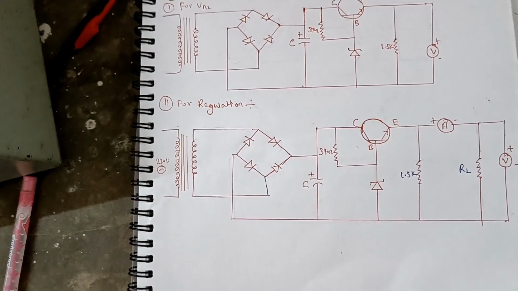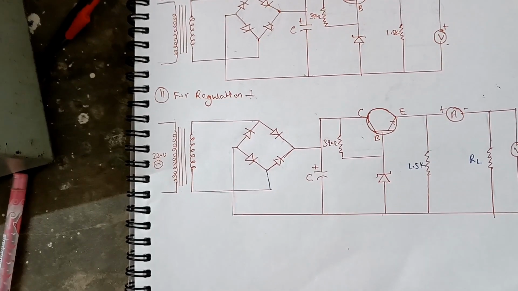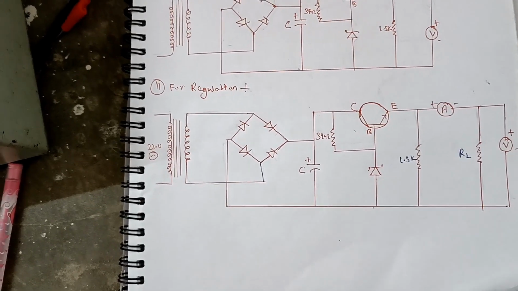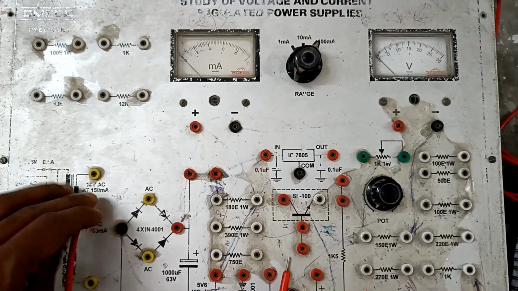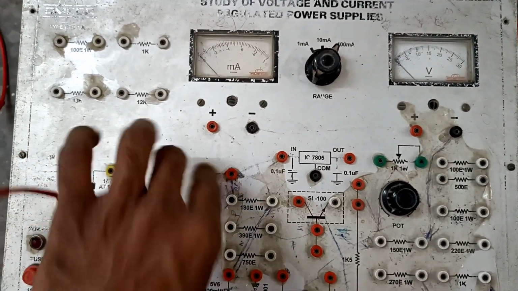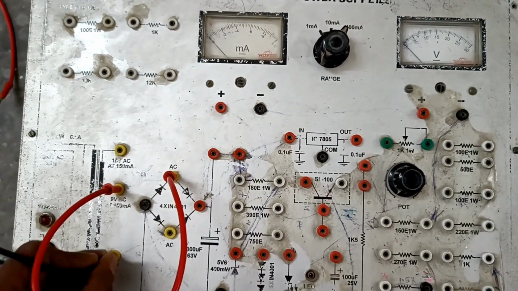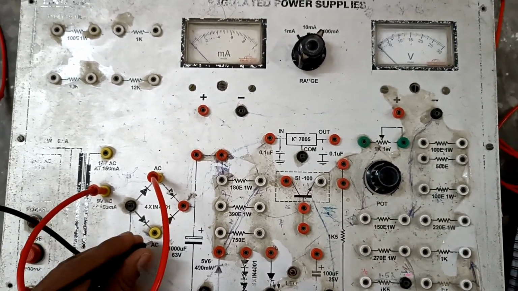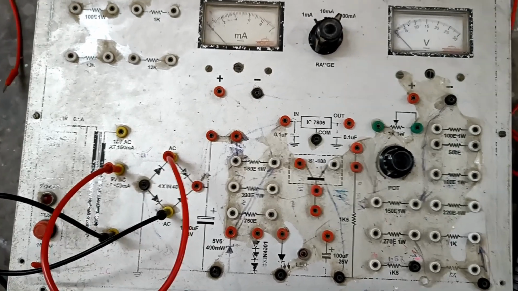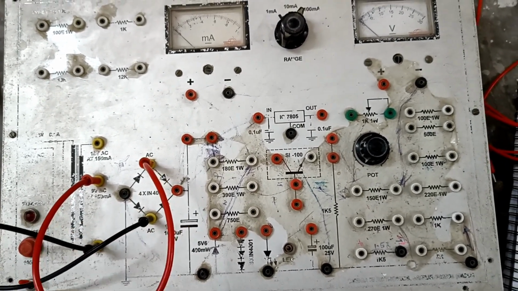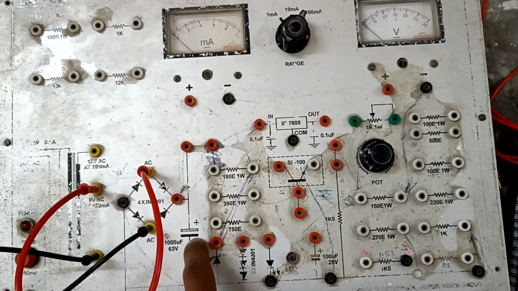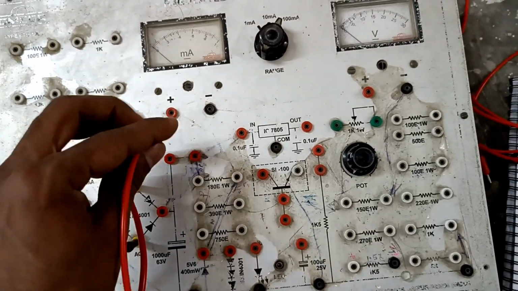So we are going to connect the experimental board circuit according to this circuit diagram. First of all, we connect the transformer. We use the 9 volt transformer. This is the ground of the transformer. So you can see that this terminal is connected to ground and the capacitor is also connected internally.